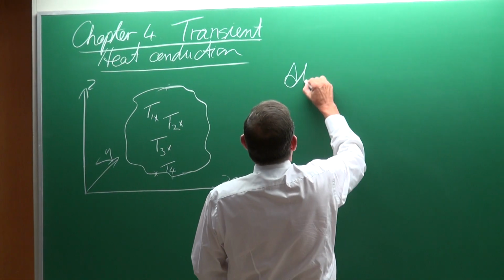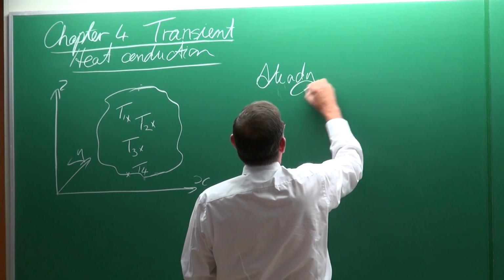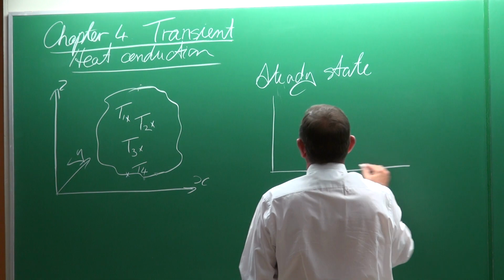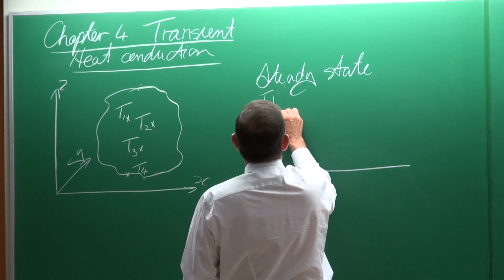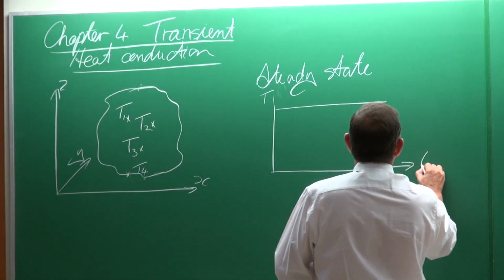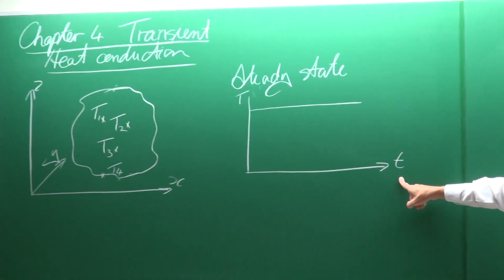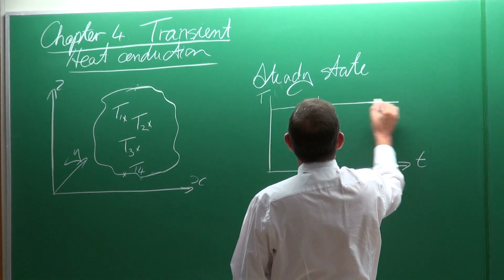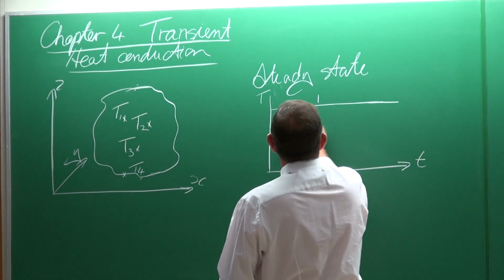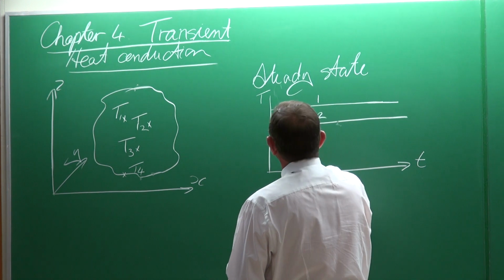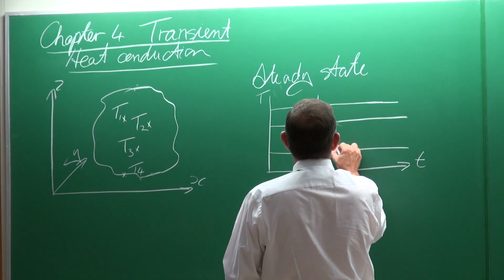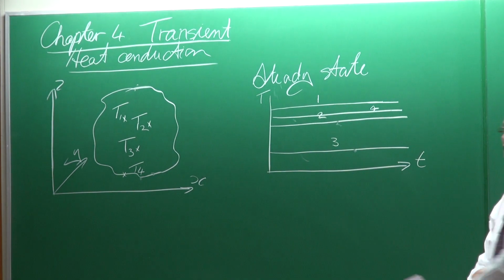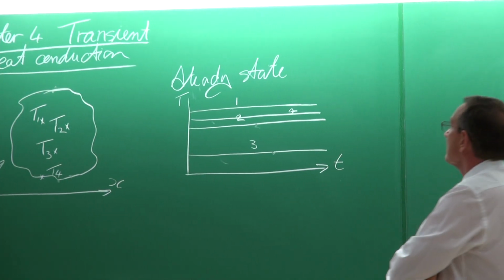If we have steady state heat transfer, and we would look at all the temperatures as a function of time, and that is the very important thing here, then the temperature at point 1 will stay constant as a function of time, as well as the temperature at point 2, temperature at point 3, and maybe there's the temperature at point 4. So there are no changes as a function of time.